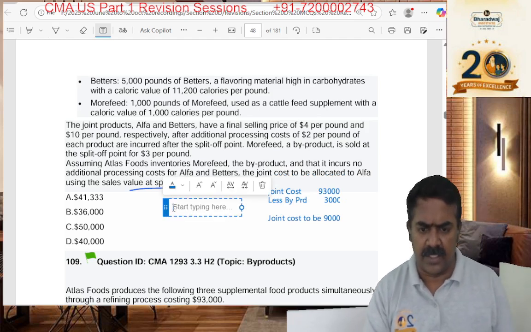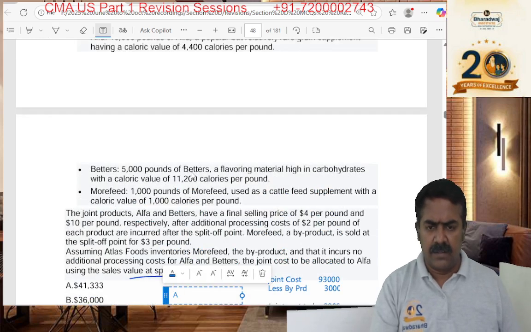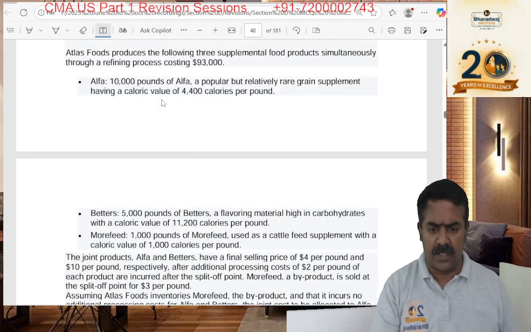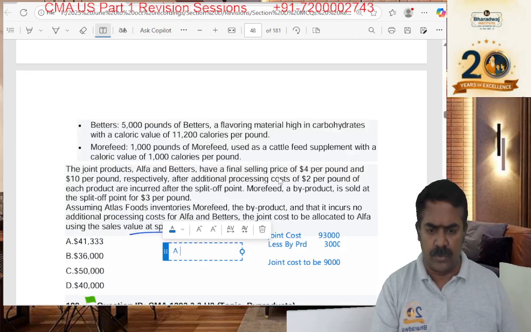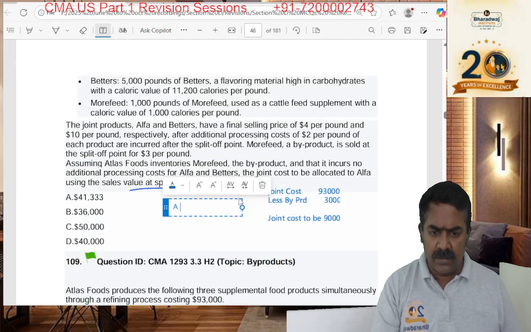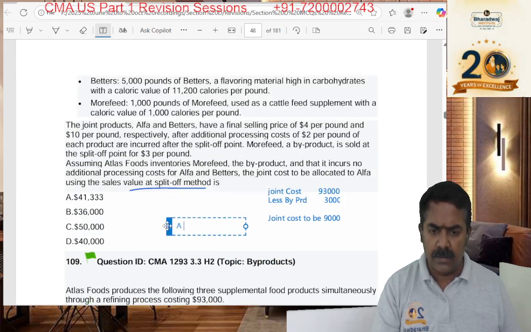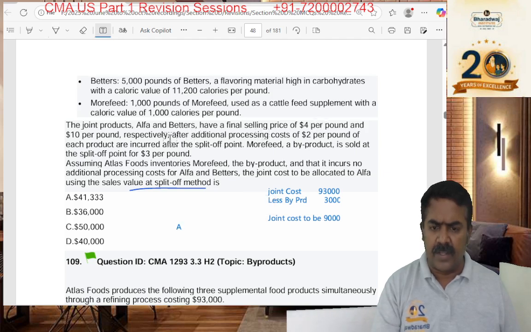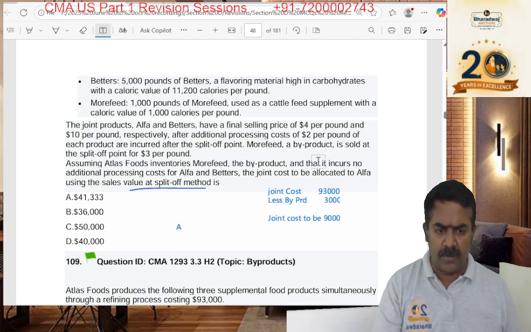What is the selling price of alpha at split off point? 10,000 into 4. No, final selling price is 4 and 10, given. Each product after split off, byproduct can be sold at split off, assuming that the byproduct incurs no additional processing cost for alpha and beta.